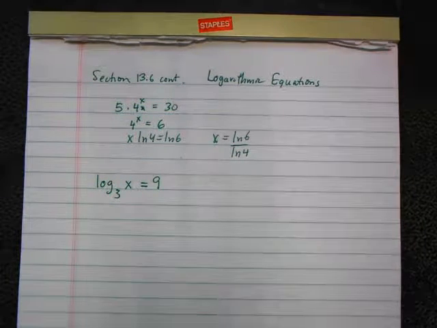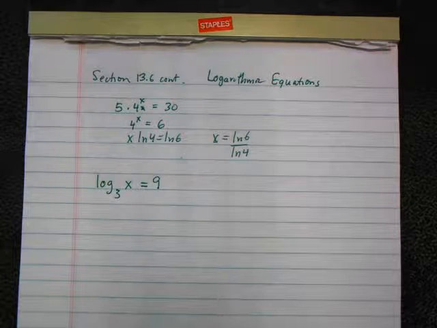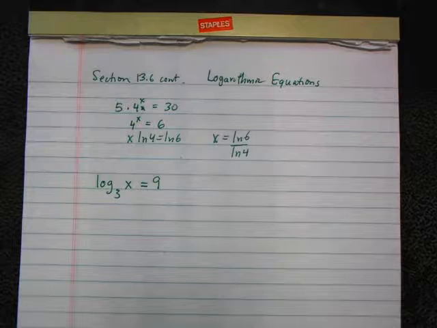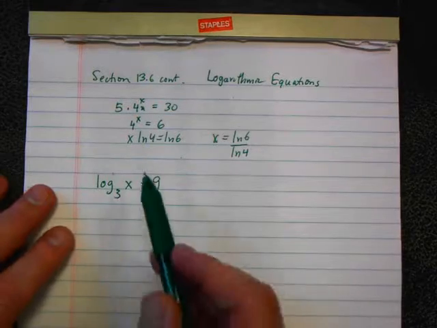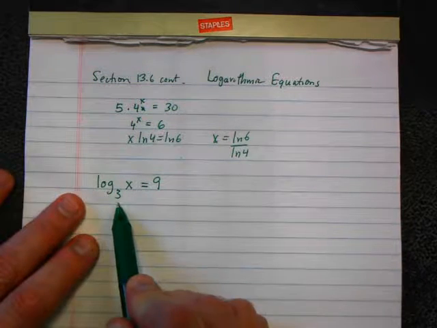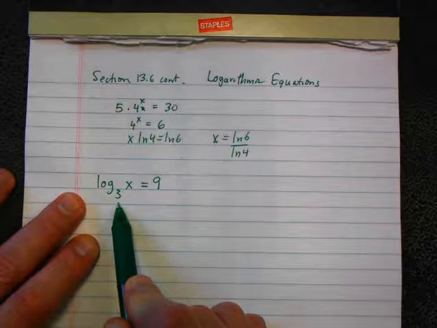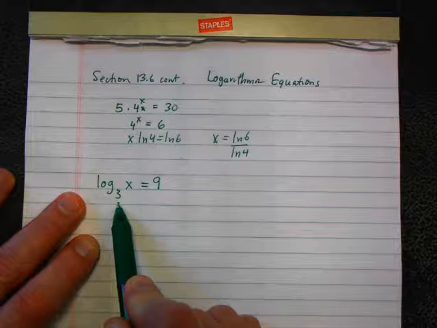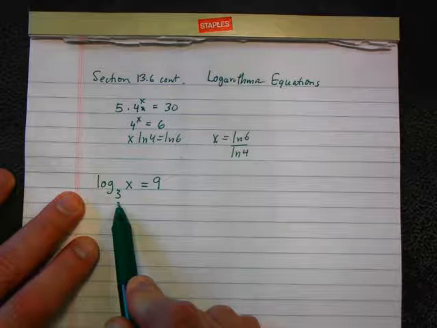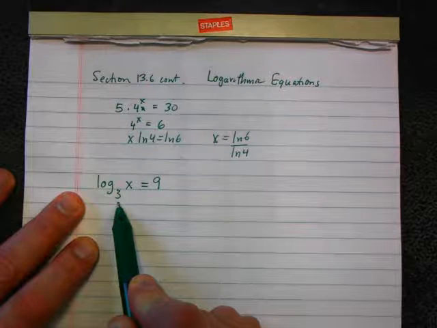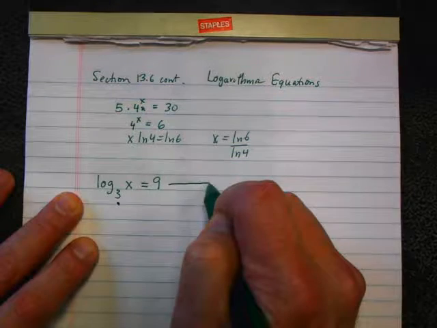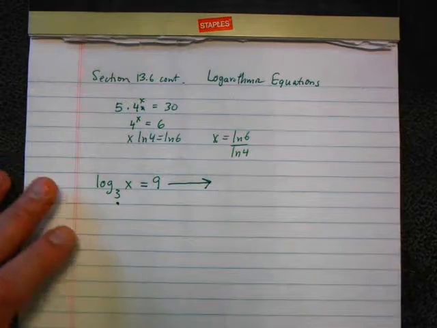So, how do you solve a logarithmic equation? First, you want to get the log all by itself. It's all by itself. And then how do you get rid of a log? You use its inverse, and its inverse is exponential form. All right, so we take this and we convert it to exponential form.